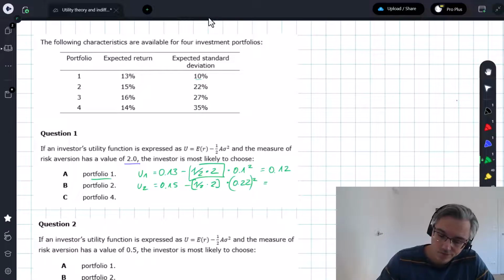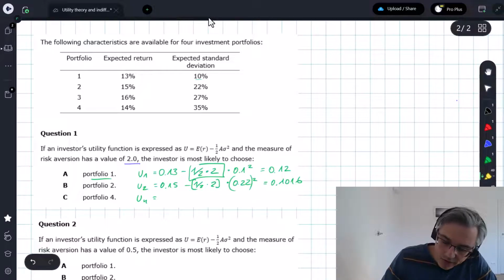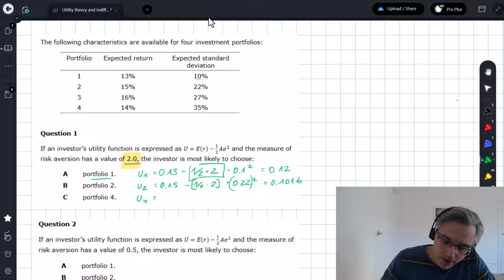That gives 0.1016. And for the fourth portfolio, that's the one with the highest level of risk, so I strongly doubt that this is going to be the one, especially as this investor is quite risk averse. They've got a very distinctly positive A parameter.